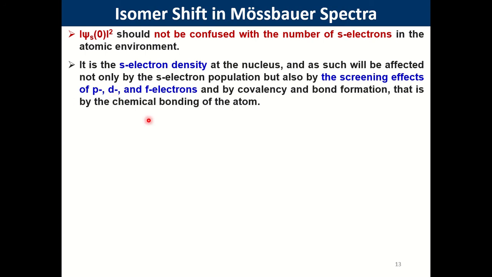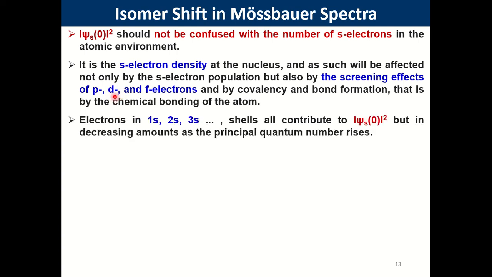This gives us very crucial information about the bonding when we consider this shielding by d electrons within the shell. So electrons in the 1s, 2s, 3s, all the shells contribute to psi s0 square as shown over here. This is the s electron density at the nucleus that we are talking about.